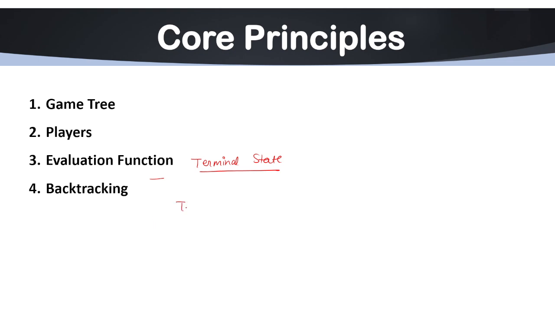Let's take an example of a two-player game where the maximizing player has, let's say, three options leading to scores 3, 5 and 2. And the minimizing player counters by selecting the smallest score among its options. So the minimizing player will select the minimum, the smallest number. And if we talk about the maximizing player, it will definitely select 5.